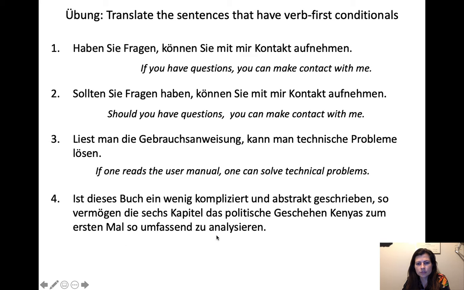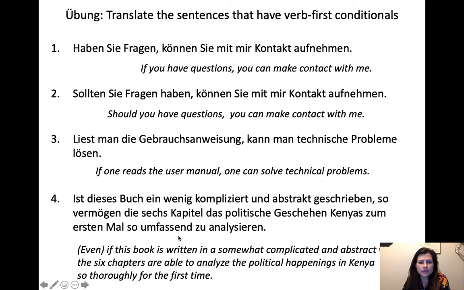So it's able to analyze, the 6 chapters are able to analyze the political happenings of Kenya for the first time in such a thorough way. So let's see, I just translated it again, see if I got close to my previous translation.